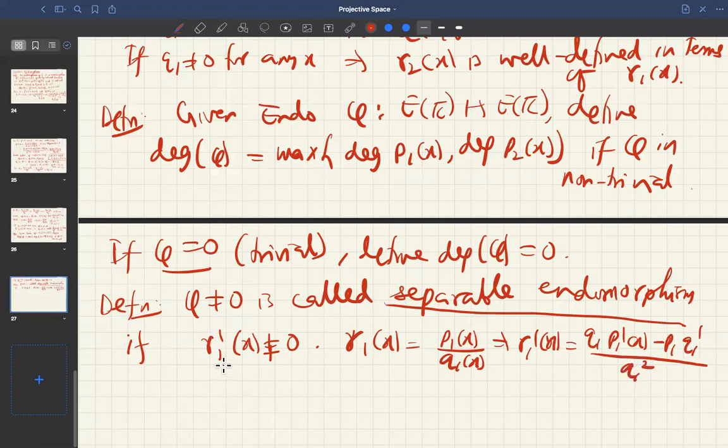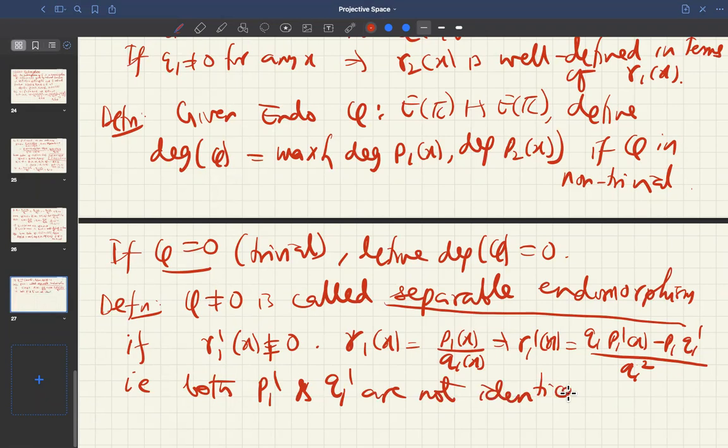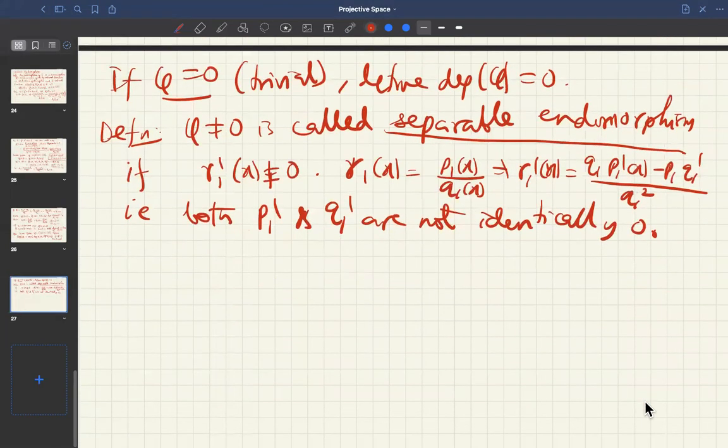So both P1 dash and Q1 dash are not identically 0. For example, if P1 dash is 0, Q1 dash should not be 0, and vice versa.